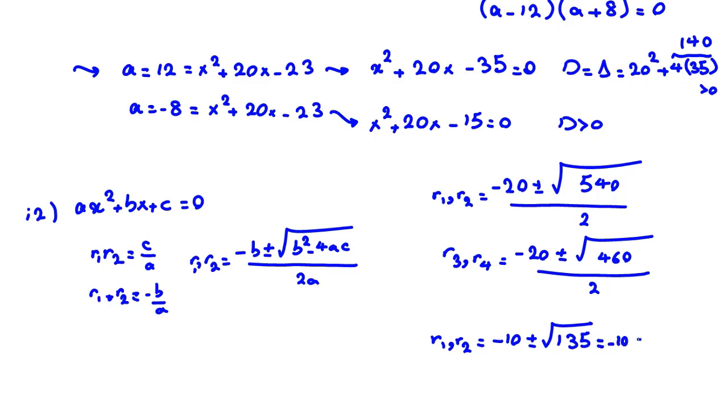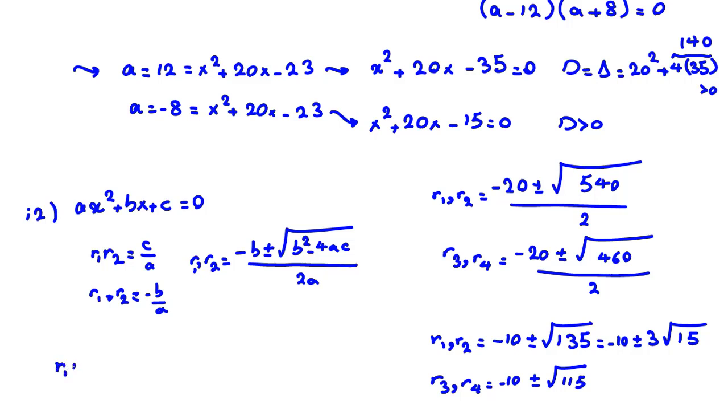So it's negative 10 plus or minus 3 root 15. And r3, r4 equal negative 10 plus or minus the square root of 115, which is 5 times 23. Now we see our roots are different.